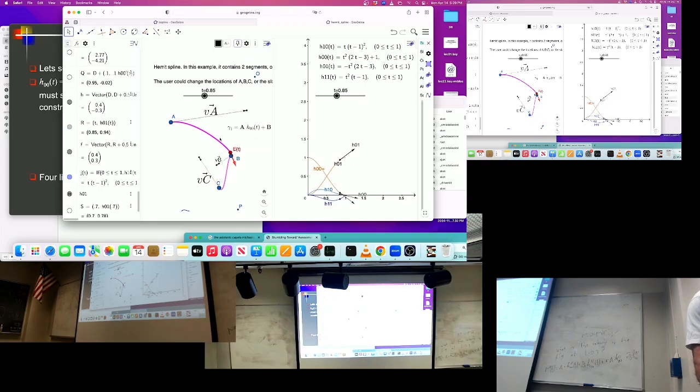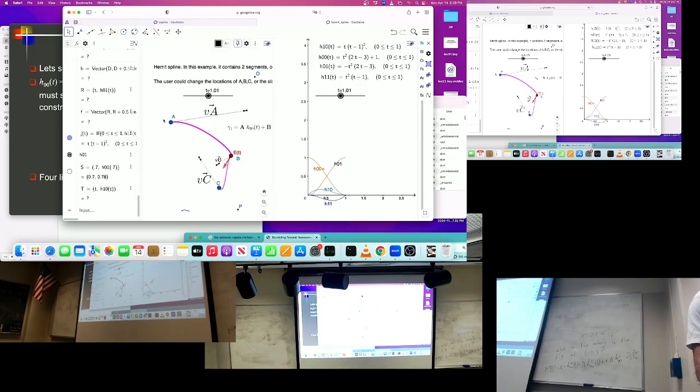How do I define the spline, by the way? I'll just say that for t between 0 and 1, I'm on the first curve. For t larger than 1 but smaller than 2, I'm on the second one, and so on. I can build and use the same function, H00, H01, needs to be constructed only once.